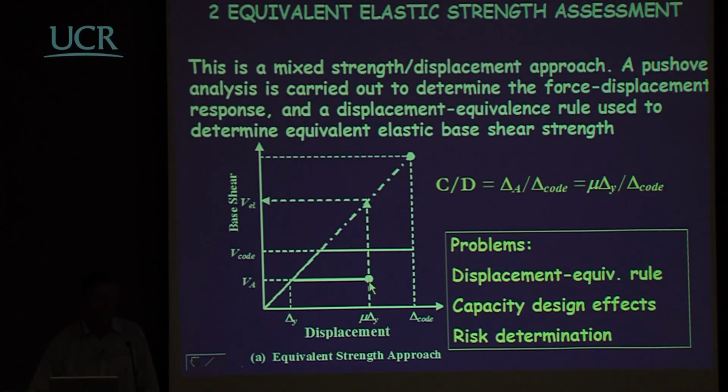We then say that, for example, the equal displacement approximation holds, so the elastic displacement with unlimited strength would be here, and we can compare that value with the elastic response level, or if you like, this displacement value that would be for that period for the code with the capacity of the structure as calculated. Problems with this: the displacement equivalence rules tend to be rather inexact and people can't decide what we should be using. Again, capacity design effects are not considered and risk determination can be a problem.